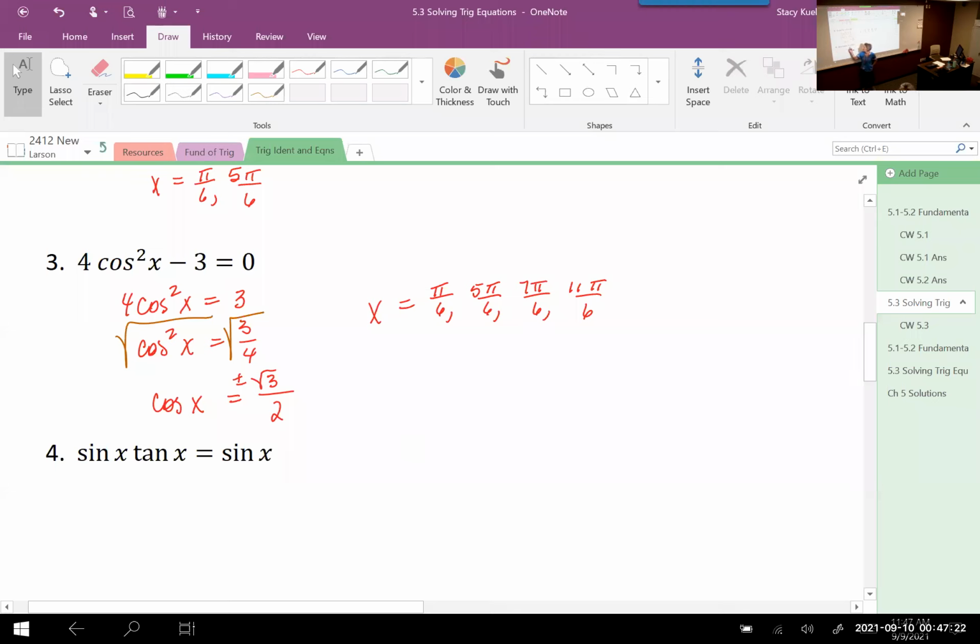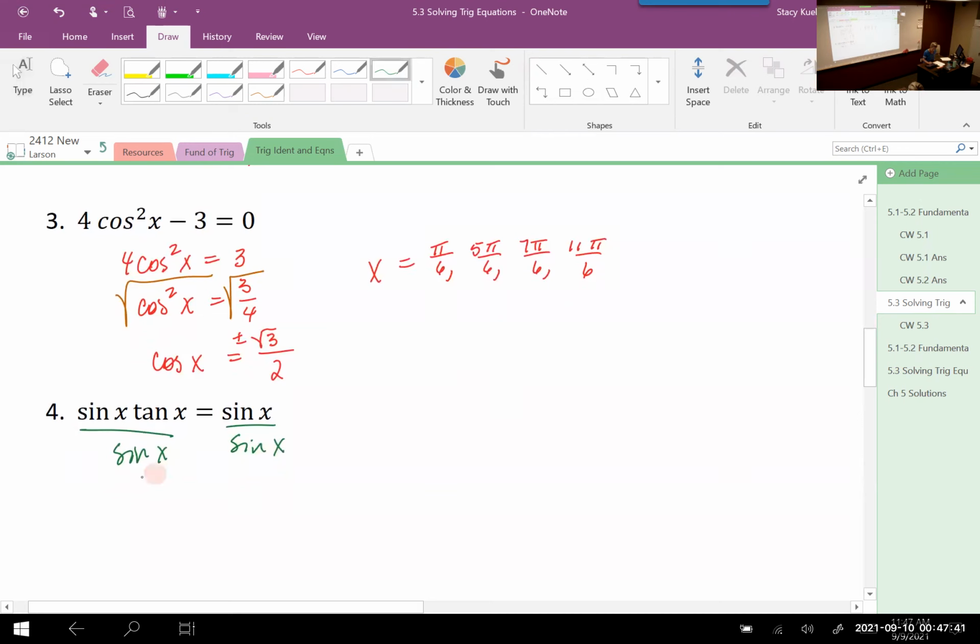So if I divided both sides by sine, I'm just going to do it to show you why it's wrong. Let's say that you're at home and you don't remember what you're supposed to do, and you say, okay, I've got a sine on both sides, I'm going to divide by sine x. So you had tangent over sine x. Well, those are going to cancel. So I would be left with tan x is equal to what? 1.